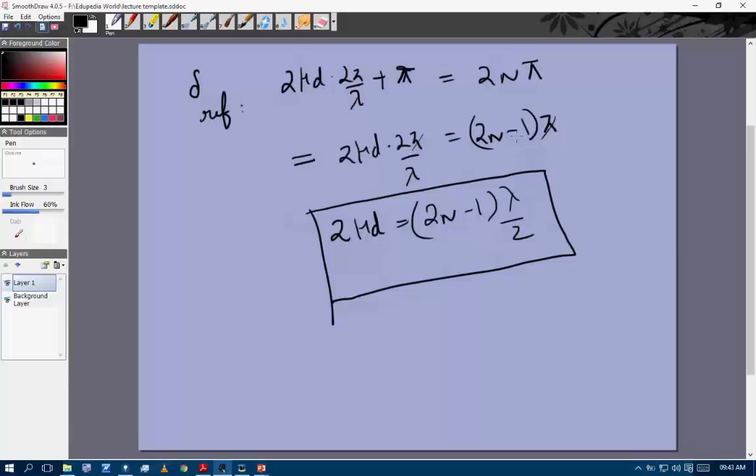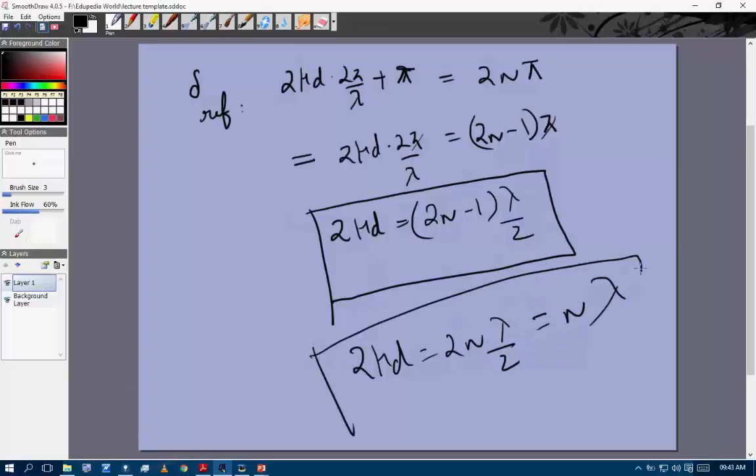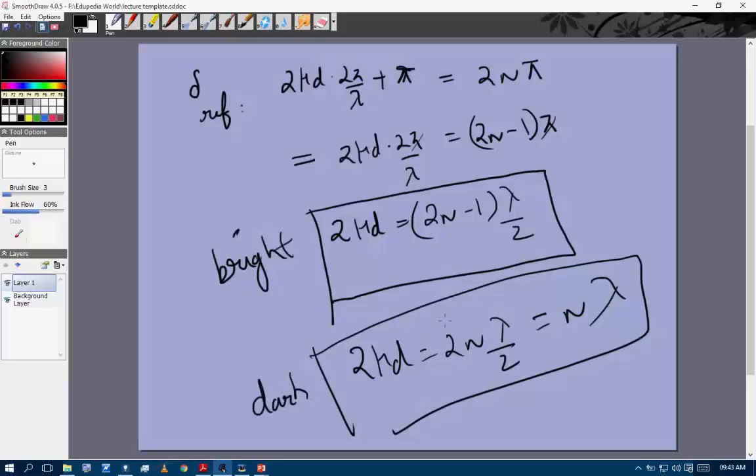For there to be a dark fringe in the reflected rays, you can do it yourself. 2 mu D is equal to 2n lambda by 2, or 2 mu D is equal to n lambda. Right. So this is for bright and this is for dark fringes. And it's exactly the opposite for transmitted ones, which also makes sense, because if for a particular value of 2 mu D you have constructive interference for both reflected and transmitted, then you have extra energy.